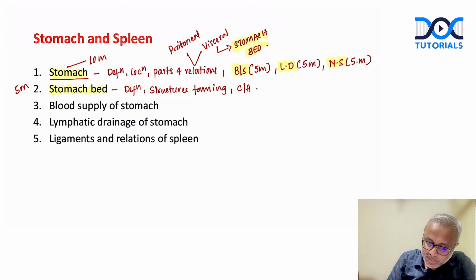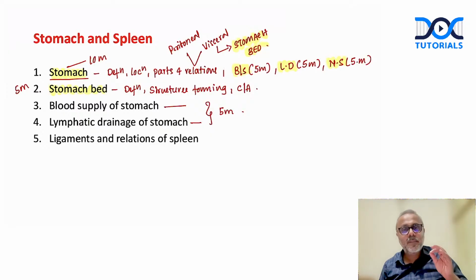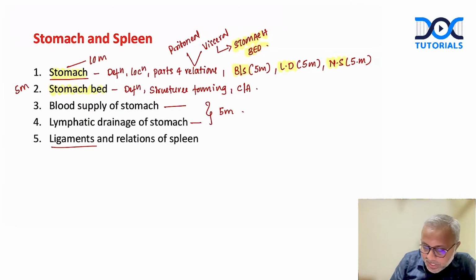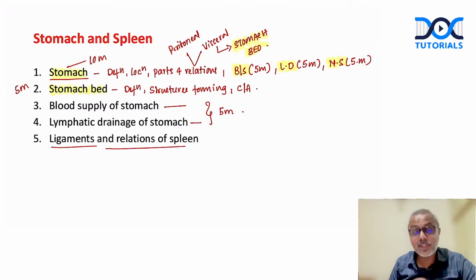As we have said, the blood supply and lymphatic drainage themselves are important 5 marker questions. If you ask me, out of blood supply and lymphatic drainage, which is more important? Of course, you cannot skip both, but my bet would be on the lymphatic drainage of the stomach, right?